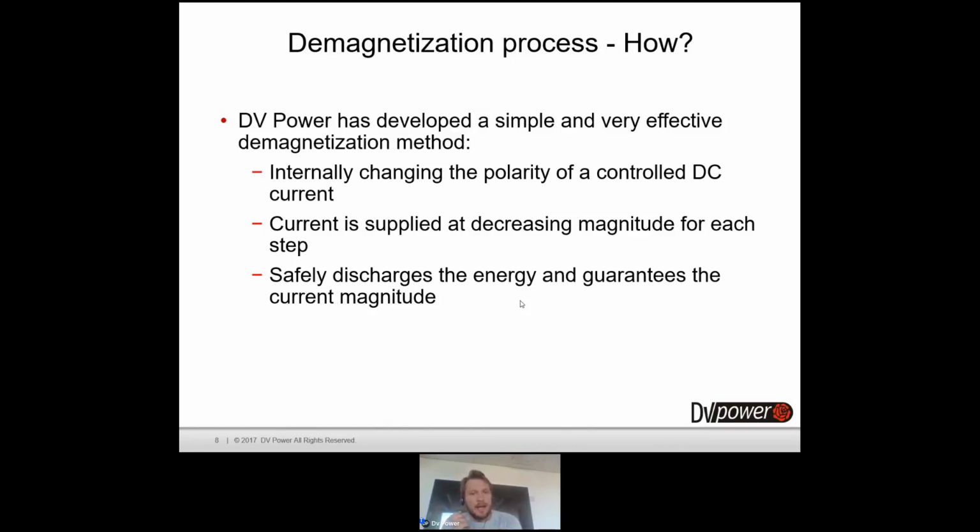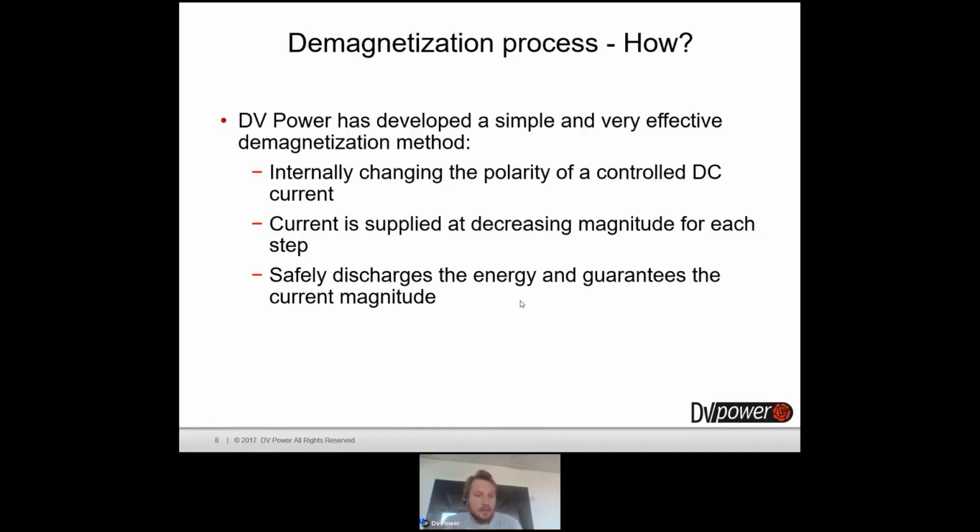Why? Because if we want to produce flux, we can increase voltage or we can decrease the frequency. In both ways we will create a high amount of flux.